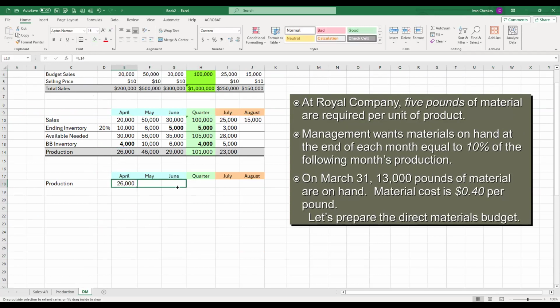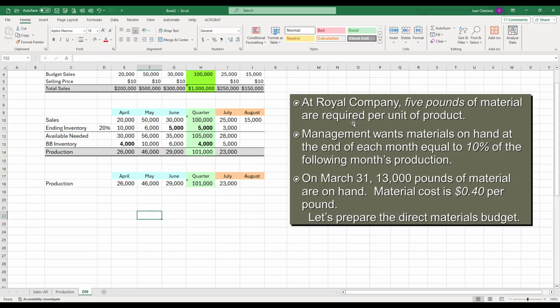Those are units, not dollar amounts. And for July, my production is 23. In total, my production for the quarter is 101,000 units. So far, so good, right? Let's get more information.